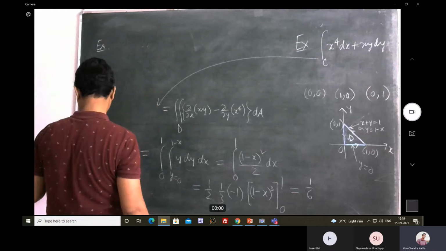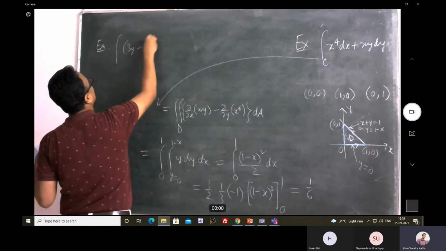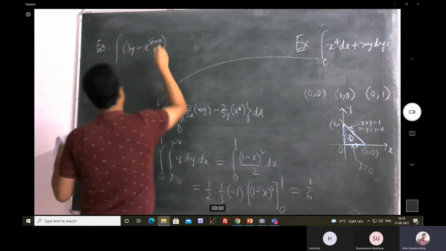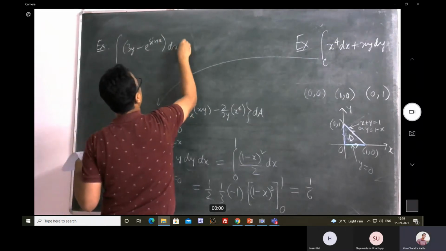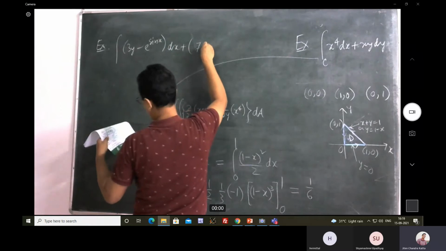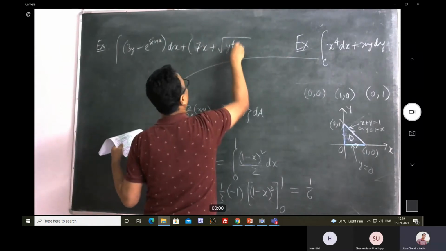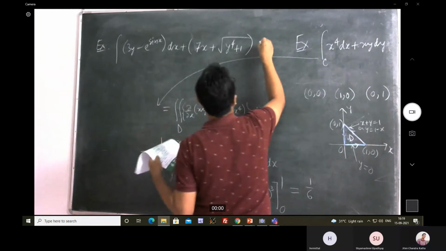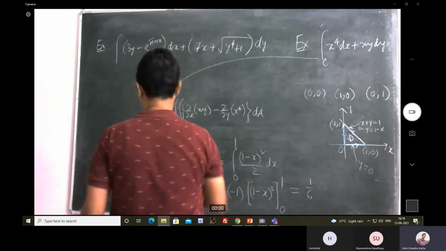Here it is about evaluating this integral.